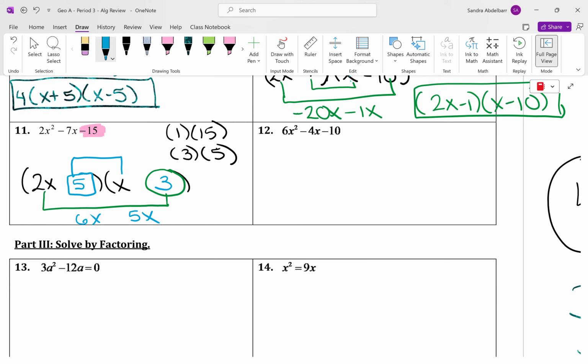Is there any combination of 6x and 5x, positives, negatives, that will ever get me to 7? No. So it's not that the numbers are wrong, it's that the locations are wrong. So now let's try it again. Let's put the 3 here and the 5 here and see what we get.